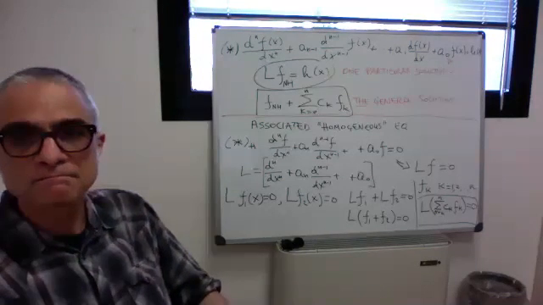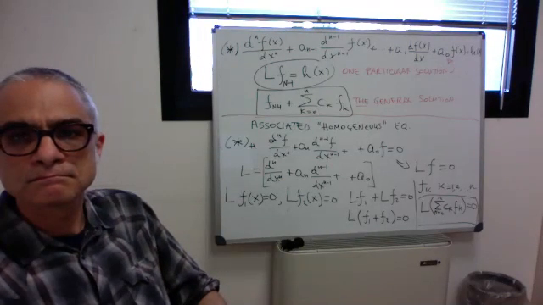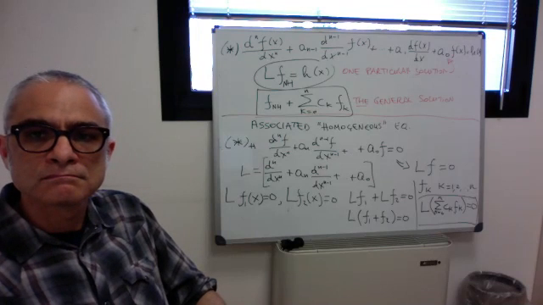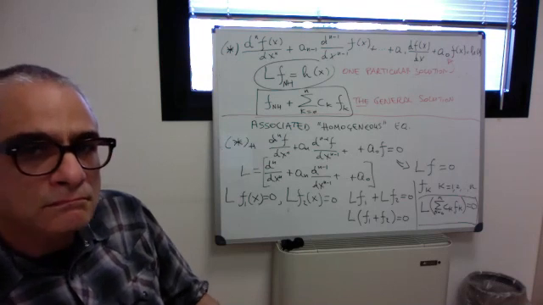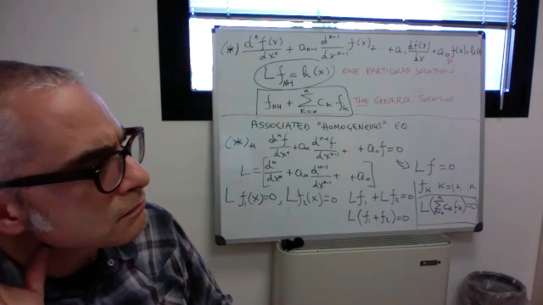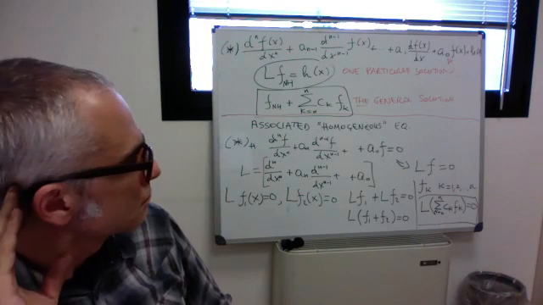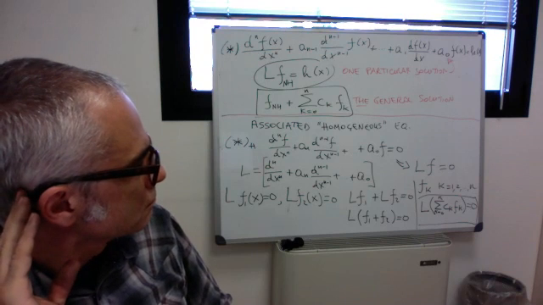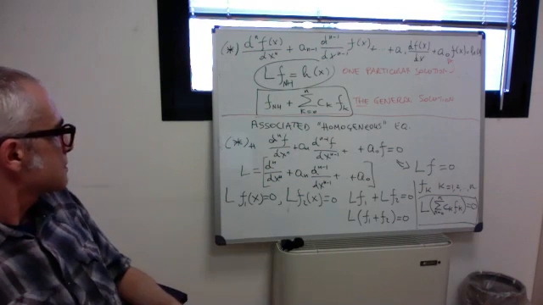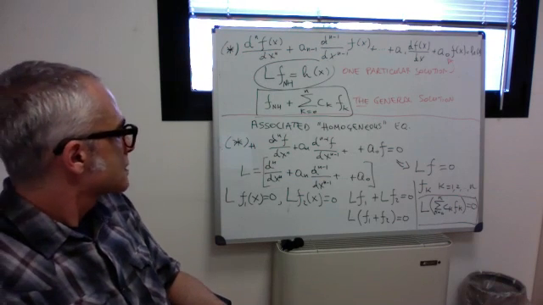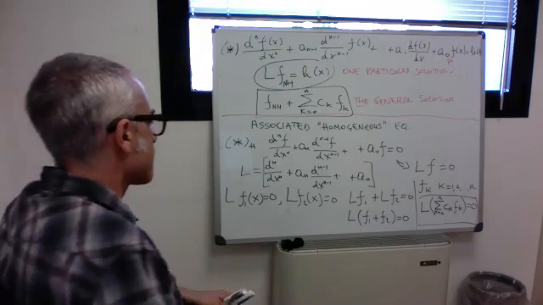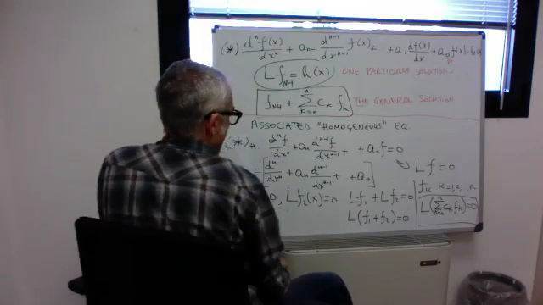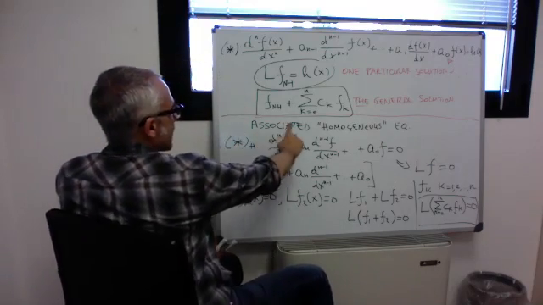Hello, sir. Please, with the F and H formula, the general solution formula, you said K is equal to 0. I don't understand why K should be equal to 0, because you said K is equal to 1, 2, and N. Okay, so let's go back to this.